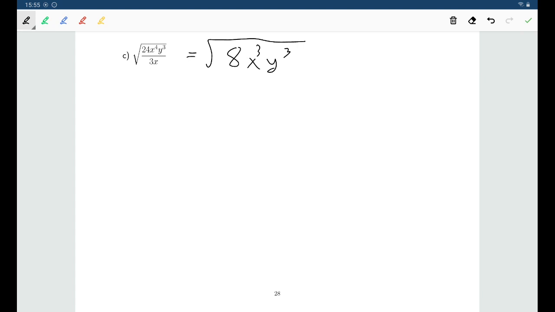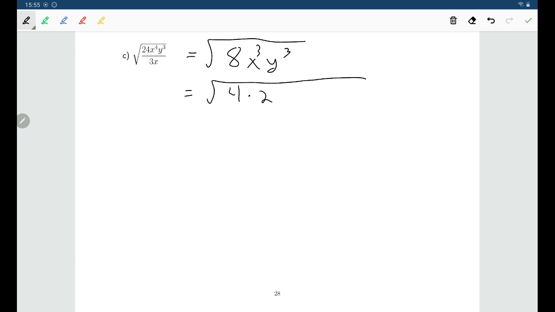And now as far as perfect squares go, when I say taking perfect squares outside of a square root, I don't just mean the numbers that are perfect squares, I also mean the variables that are perfect squares. So 8, we already talked about that before, that's 4 times 2, and 4 is a perfect square.